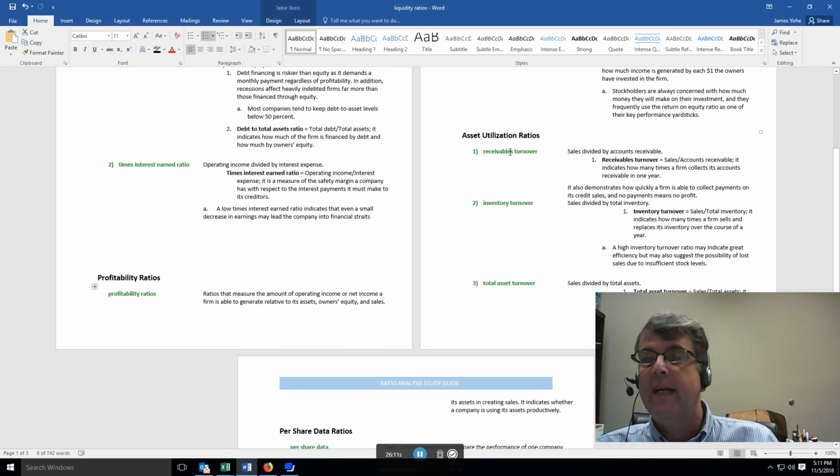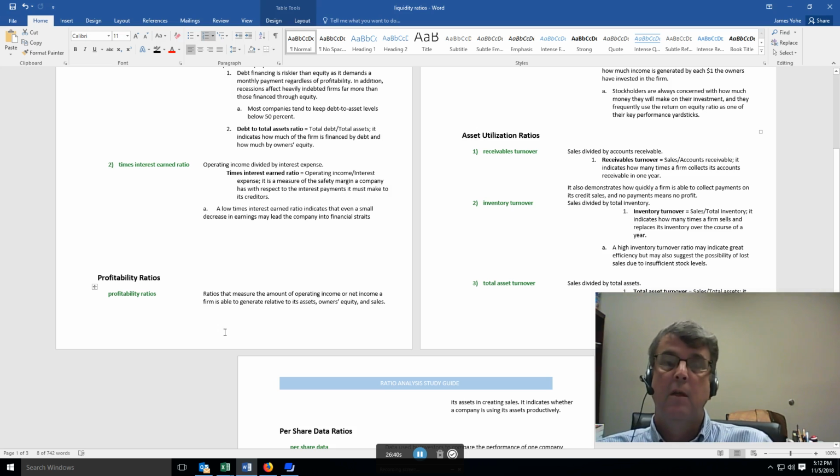Here, we're looking at how well these firms can turn assets, accounts receivable, and inventory into revenue, not profit, but revenue. So here, receivables turnover is equal to sales divided by accounts receivable. It indicates how many times a firm collects its accounts receivable in 1 year.